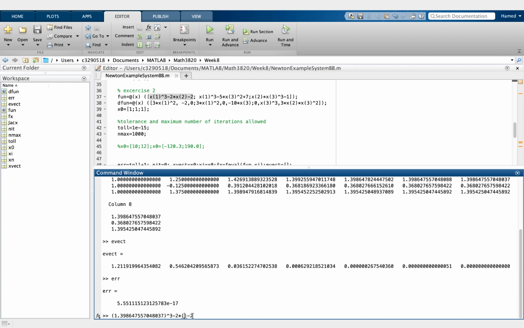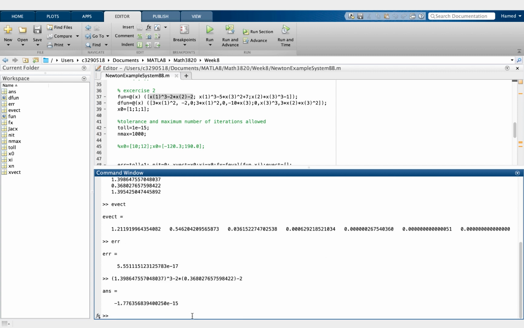So we paste here x2, and we reach zero error, or almost zero error, an epsilon error, as we expected. So this means our solutions are true.